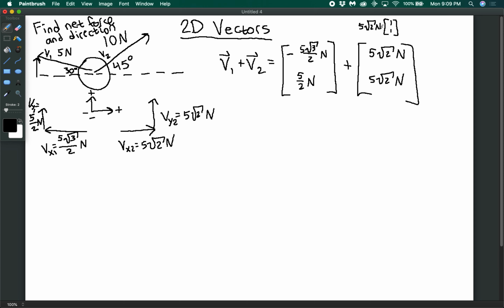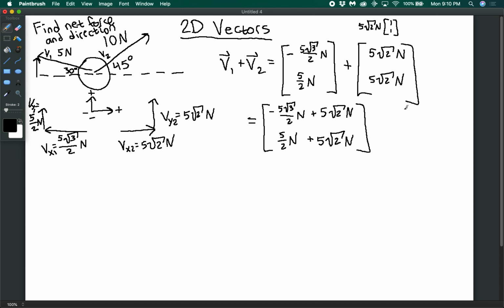Okay, just a nice, neater way to write this vector out. But because I'm adding these together, I want to be able to see actually what I'm adding together, so I put it in here. So then this is going to be equal to the vector negative 5√3/2 newtons plus 5√2 newtons as the x component. And the y component is going to be 5 halves newtons plus 5√2 newtons.